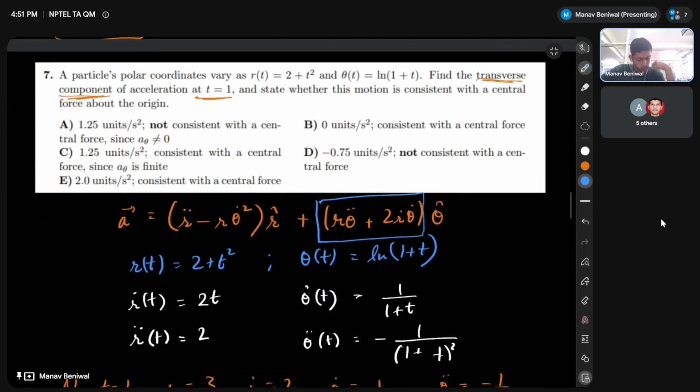But we also need to state whether this motion is consistent with the central force about the origin. So which one will it be? Do you think it will be option A or option C? Option A, not consistent with the central force. And what is the reason that it is not consistent with the central force?